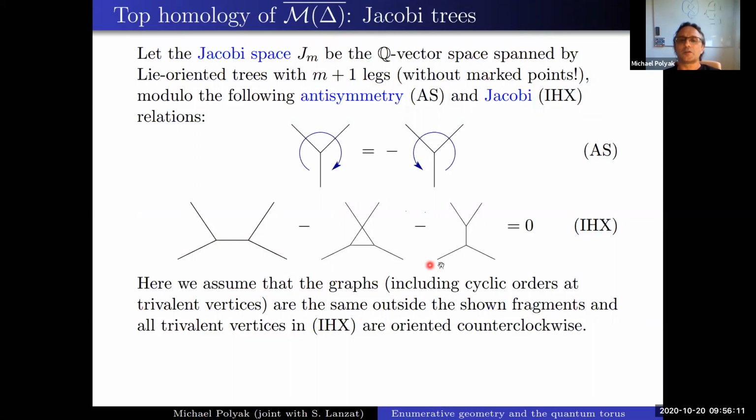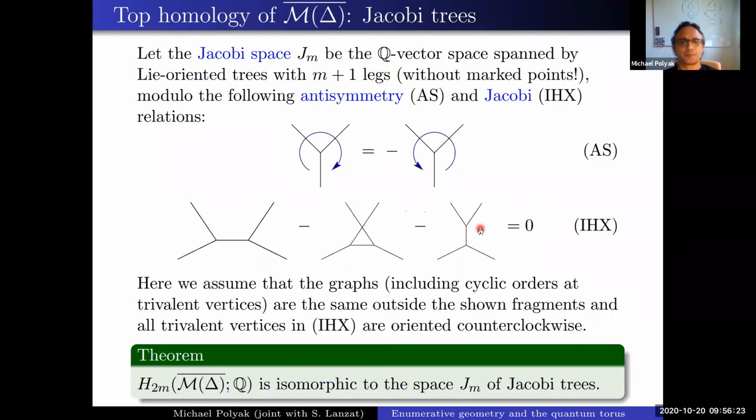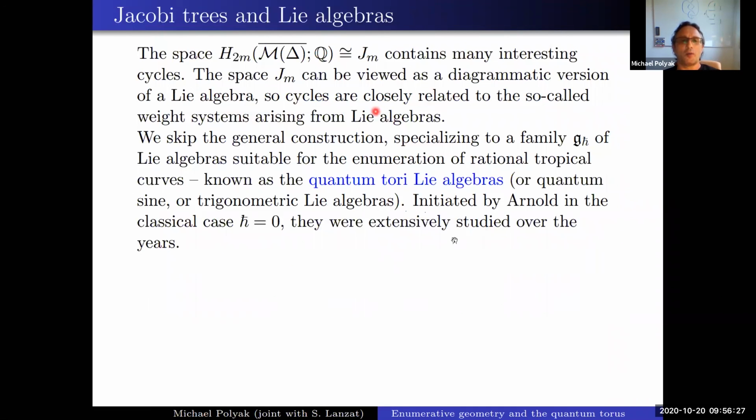And here you do the same. And then this becomes just the Jacobi relation in a Lie algebra. So it's kind of a diagrammatic version of the Jacobi relation. That's why they are called Jacobi trees. And this is a diagrammatic version of a Lie algebra.